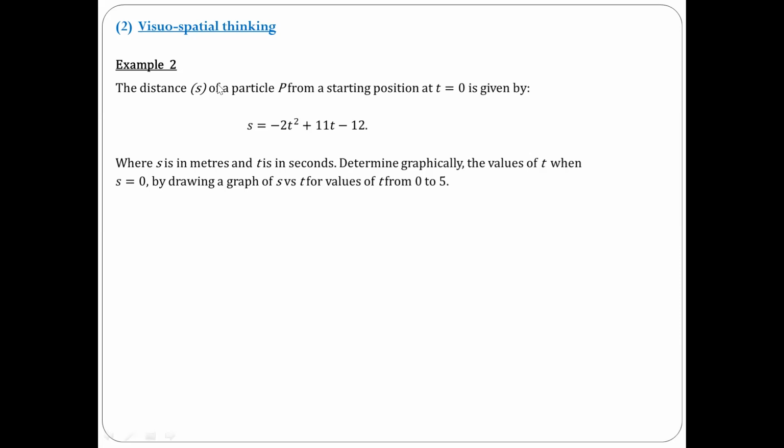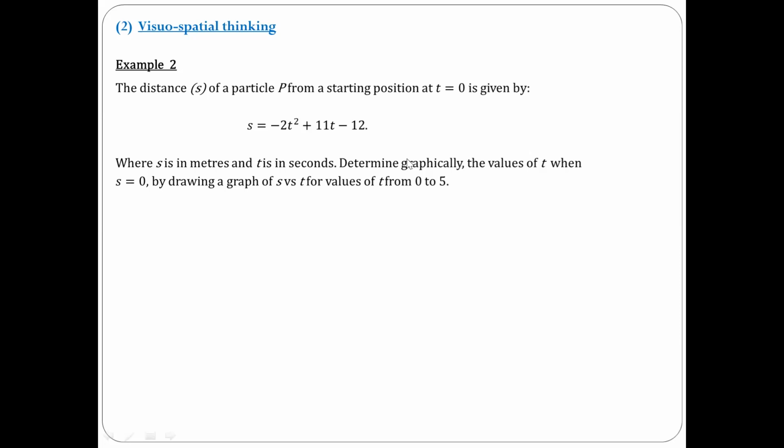This question or example is actually similar to example 1, in that we have just replaced x with t, because if you remember example 1, the quadratic equation was minus 2x squared plus 11x minus 12 is equal to 0. So in this case we are replacing x with t.